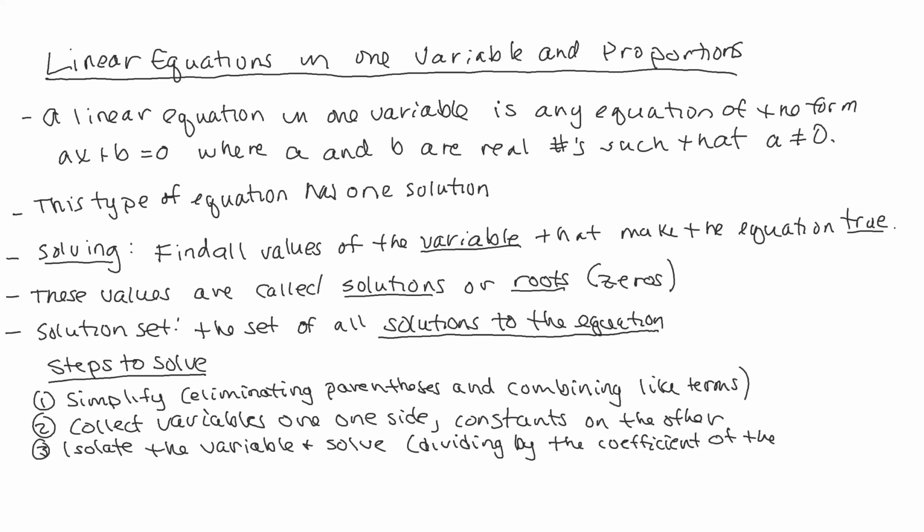And that's what we're doing when we isolate the variable and solve. This is technically the multiplication property of equality. The multiplication property of equality says once you get your equation down to the point where you have a single constant term equaling a single variable term, you just undo the multiplication of the variable and its coefficient.